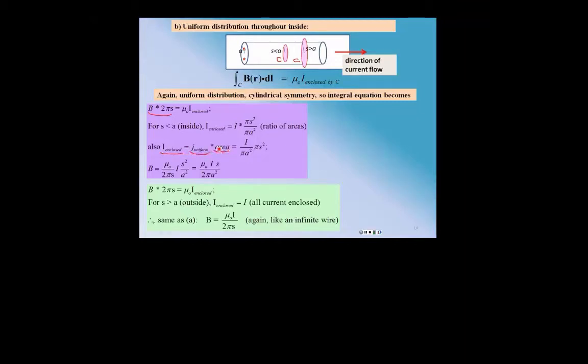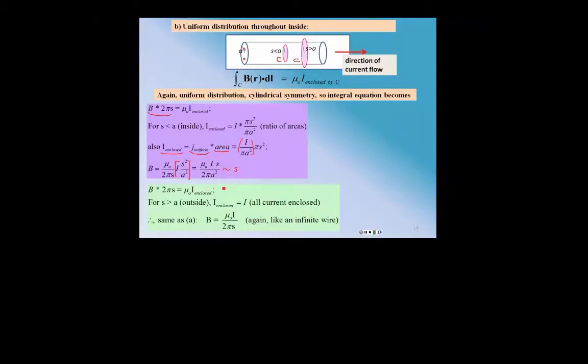Because it's uniform, the current density is I over the area of the wire, and the area of the surface enclosed by C is pi s squared. Same thing. Solve for B, and you have mu 0 over 2 pi s times the current, and the current is equal to I times this ratio here. Finishing it off, mu 0 I s over 2 pi a squared means that B goes as a linear function of s.